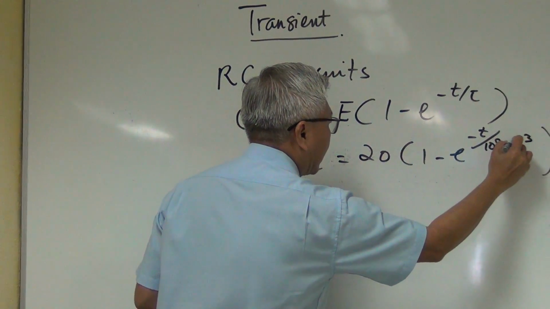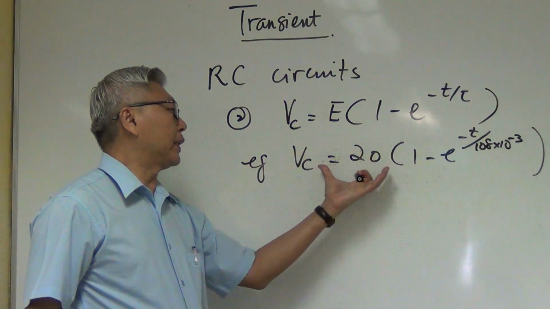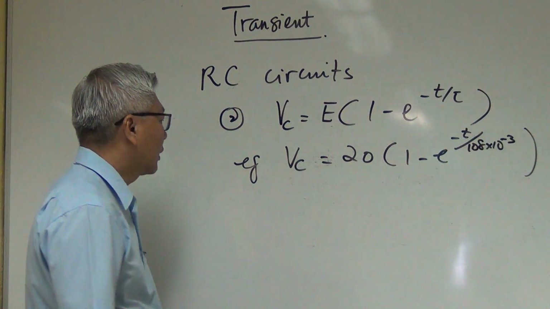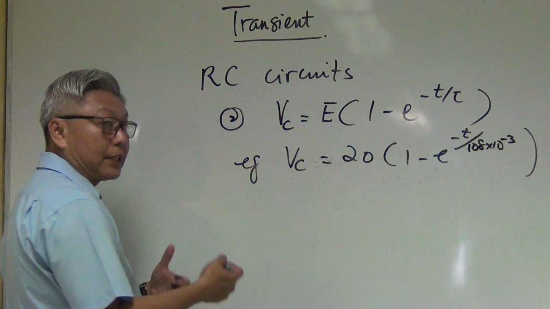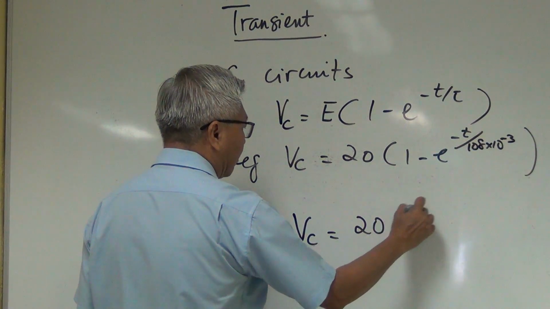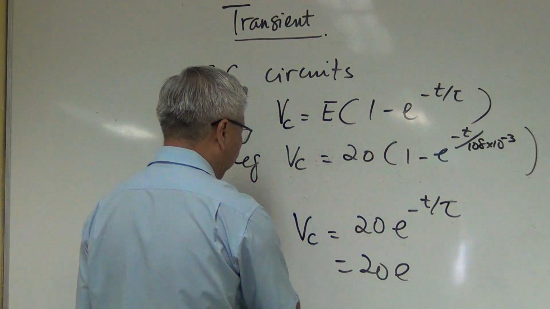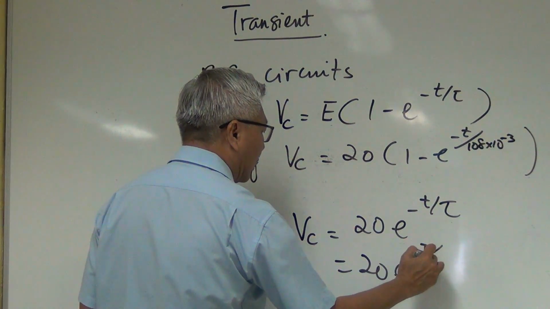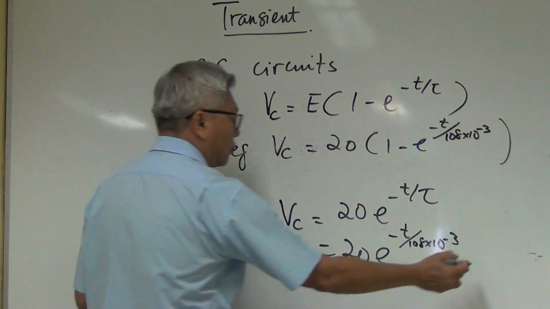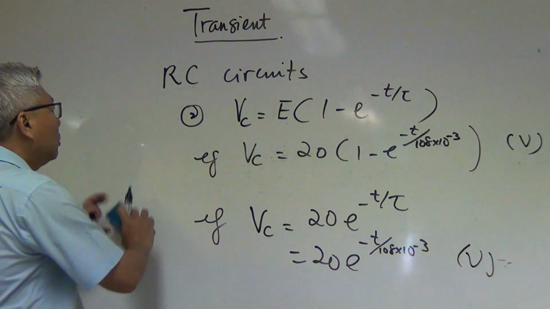You see in my example just now, the time constant was 108 milliseconds. So this is a mathematical expression for an increasing function for voltage across the capacitor. And if it's a decreasing function, you know that this voltage is decreasing, then it is without a bracket. So using an example, it's 20 E to the minus t over 108 times 10 to the power minus 3 volts. So this is the second thing that I need you to know.